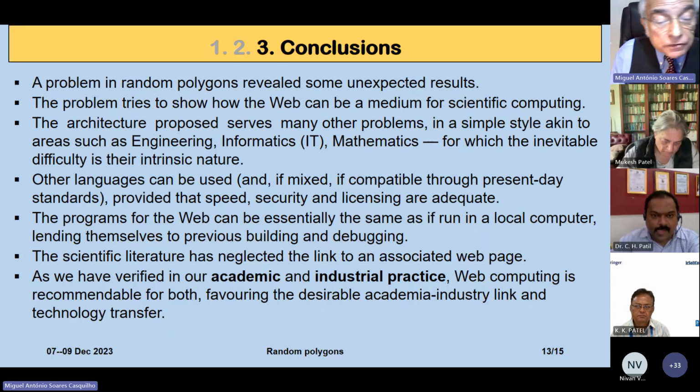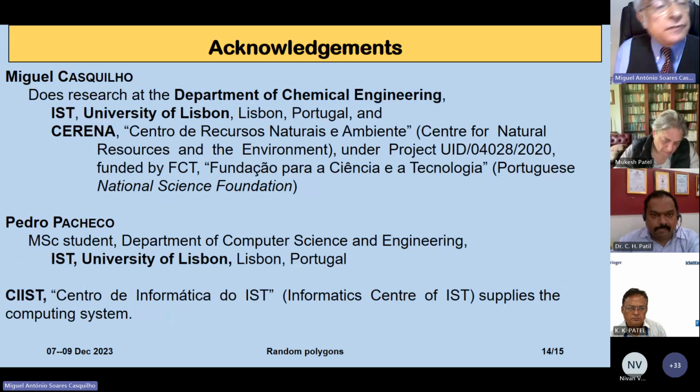The scientific literature has, in our modest opinion, very much neglected the link to an associated web page. As we have verified in our academic and some industrial practice, the web can be recommendable for favoring the desirable academia-industry link in our technological era, for technology transfer also.